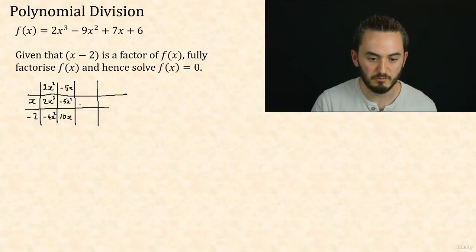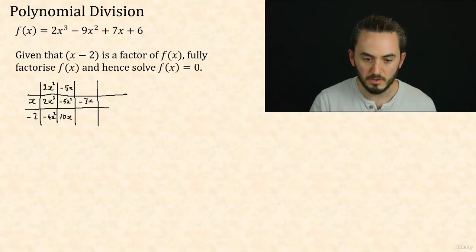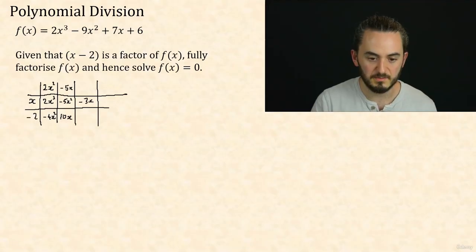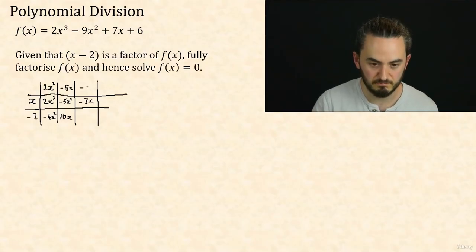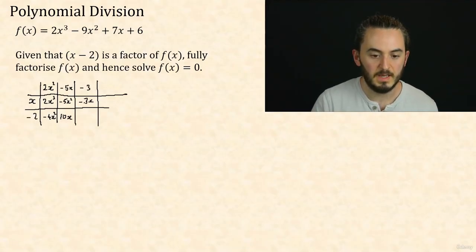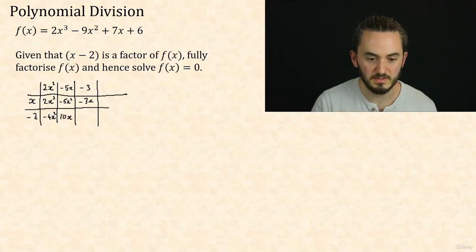Well, I better get rid of 3 of the x's, so I'm down to the right amount. So minus 3x here. Okay, what goes up here? Well, x times what gives me minus 3x? Minus 3. And just fill in the last one here, check that it works. Minus 3 times minus 2 is 6. And yes, that does work and there's no remainder in my division.